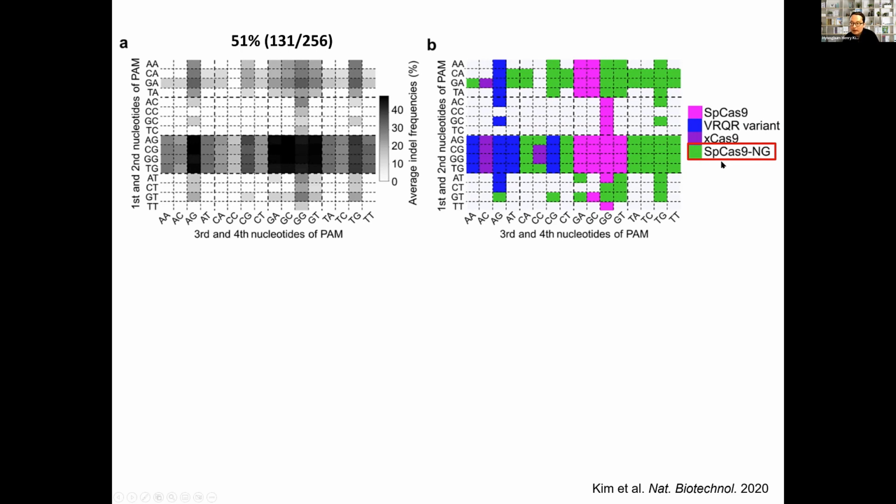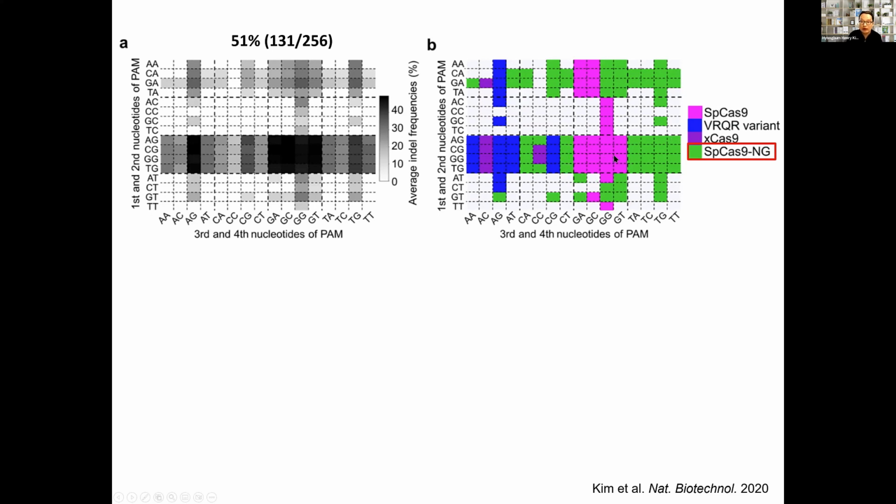We found that SpCas9-NG has the widest PAM compatibility, but at NGG sequences, wild type SpCas9 shows the highest efficiency.